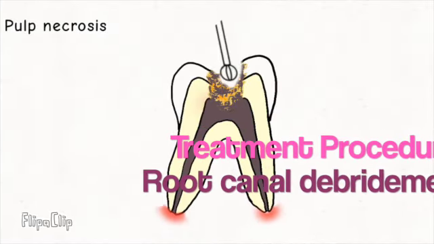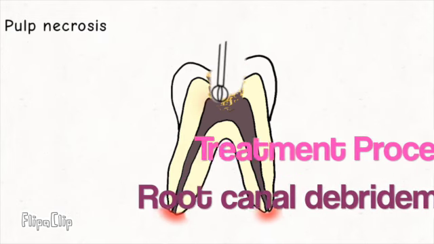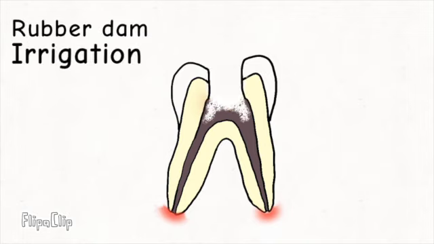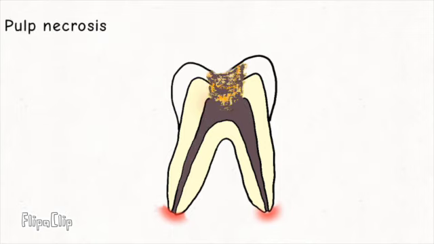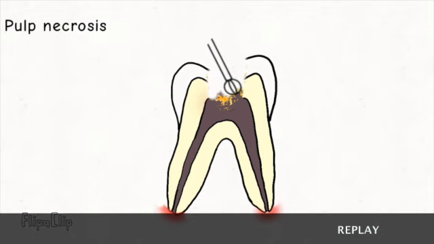Emergency treatment for a tooth with pulp necrosis. Start with anesthesia. Remove all the caries. Prepare a cavity preparation. Make sure you work under the rubber dam. Remove all the necrotic tissue from the pulp chamber and as much as possible from the root canals.